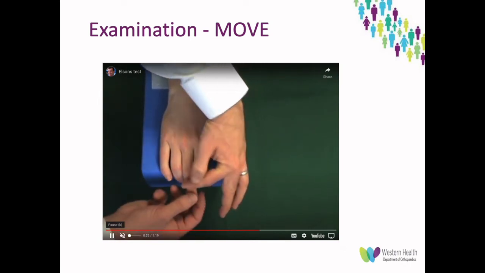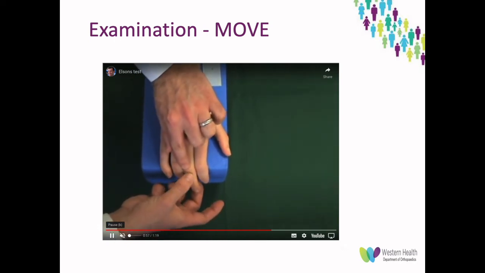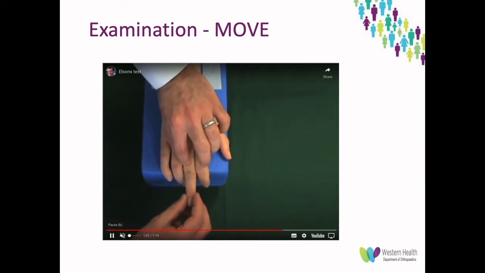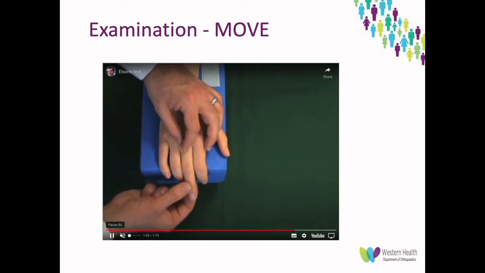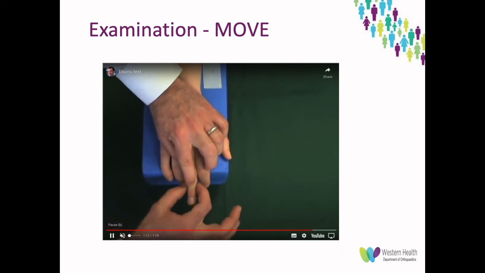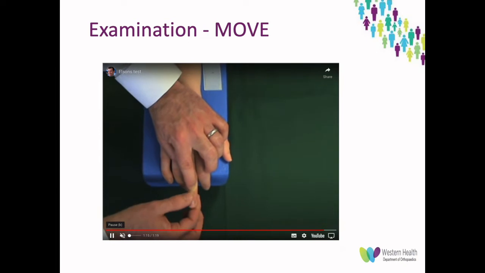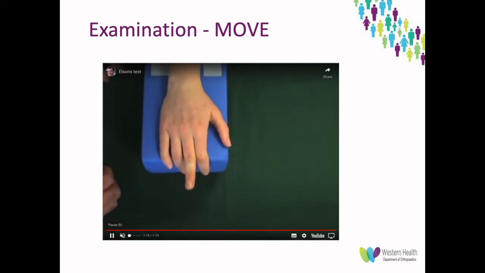If the central slip is injured, the extensor tone at the DIP joint will be increased as the lateral bands will be recruited and tension will be transmitted. So when they do this extension, the DIP joint will become quite firm and unable to be moved easily. So that's a positive test there.